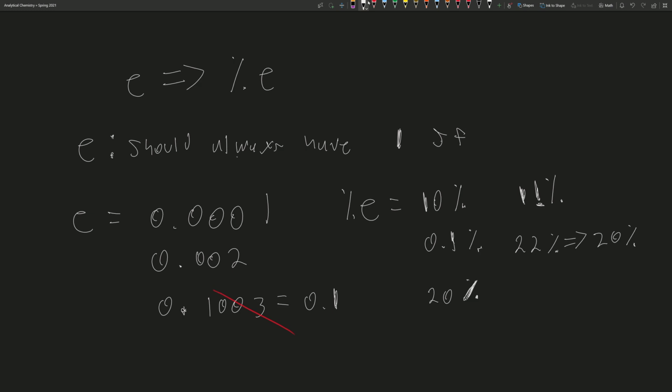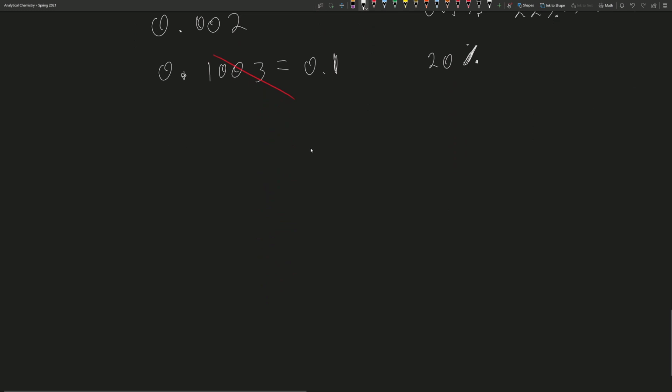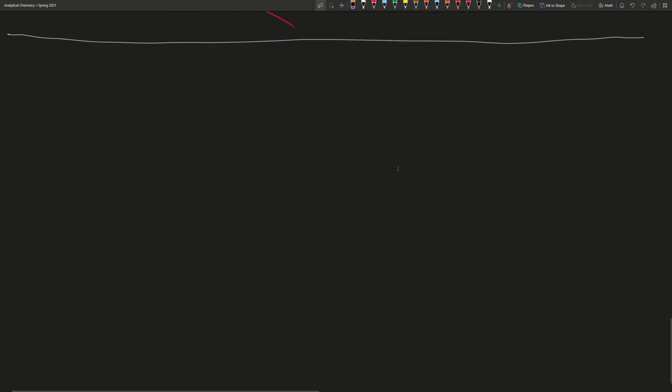So that's the idea with handling these relative uncertainties and absolute uncertainties. Just weird special cases. That's all I wanted to talk about for this special case type stuff, and I will get to actually start talking about calibration curves now.